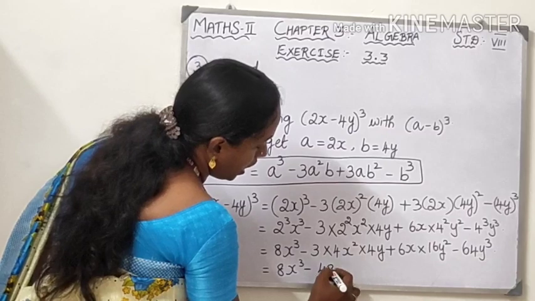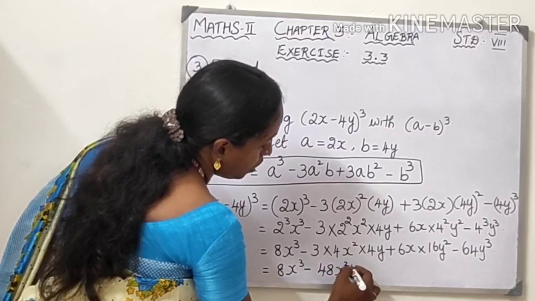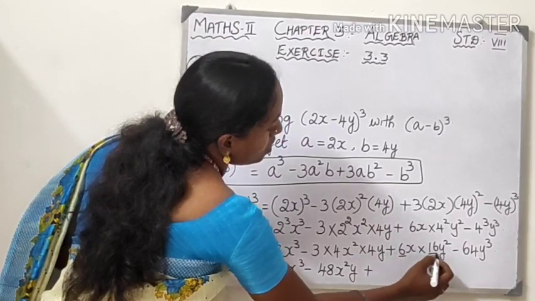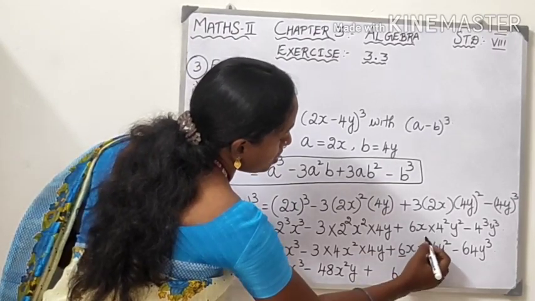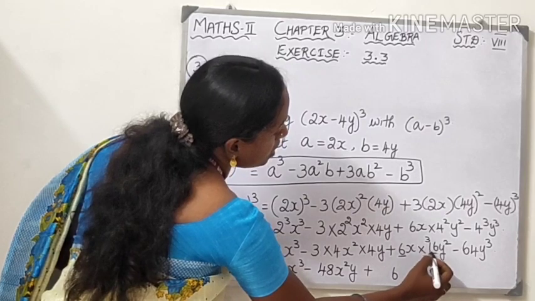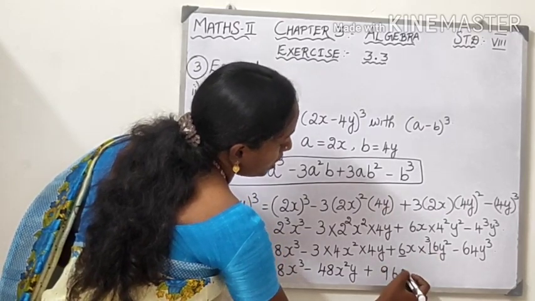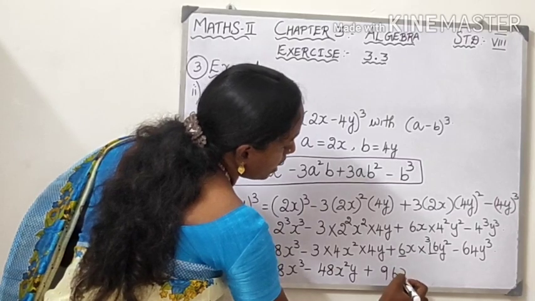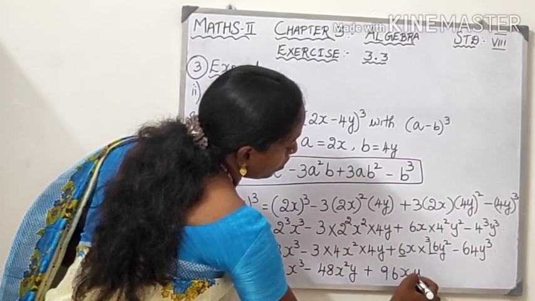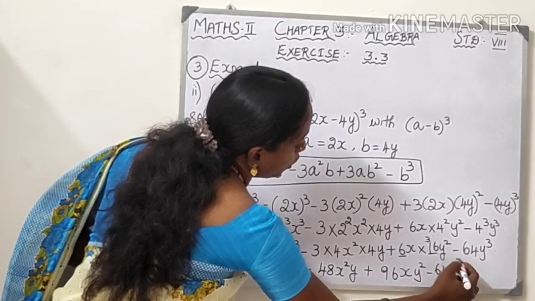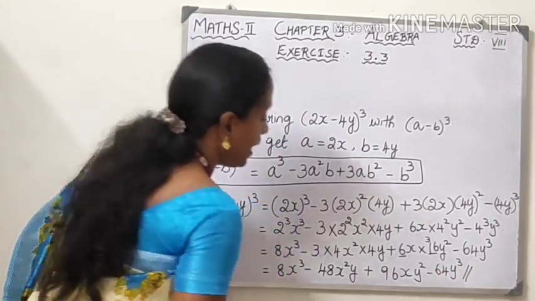So 48x square y plus multiply this 6 and 16. So 6 6s are 36, carry over 3. 6 1s are 6. 6 plus 3 is 9. So you'll get 96, variable is x, and here we have y square. So 96xy square minus 64y cube. So this is your final answer.